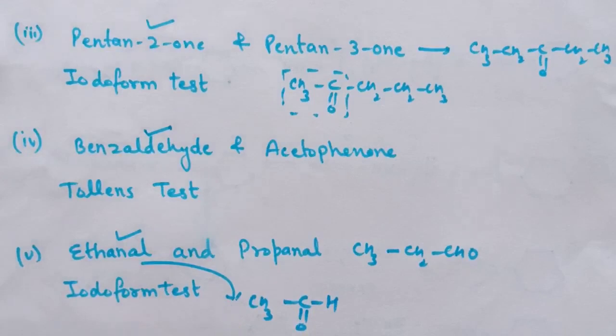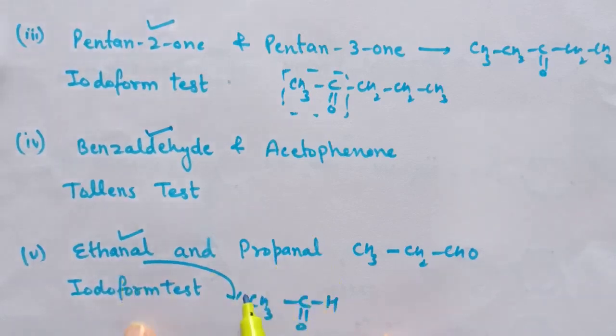Now in the case of aldehydes, the Tollens test and Fehling test are both positive for these two aldehydes. So we cannot use the Tollens and Fehling tests to distinguish ethanal and propanal. The iodoform test is used to distinguish ethanal and propanal.